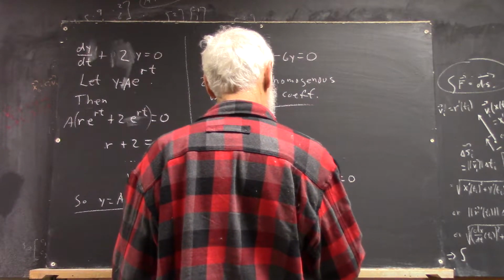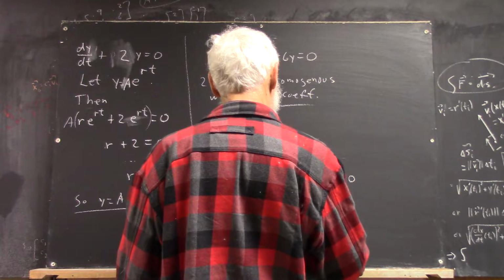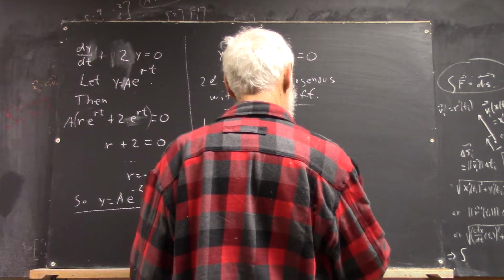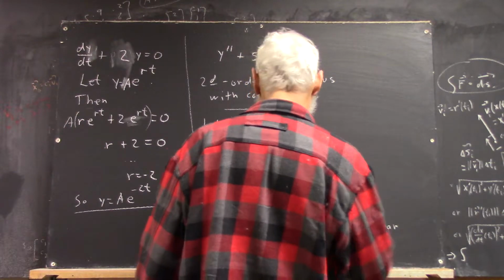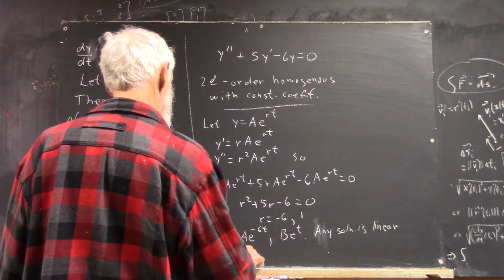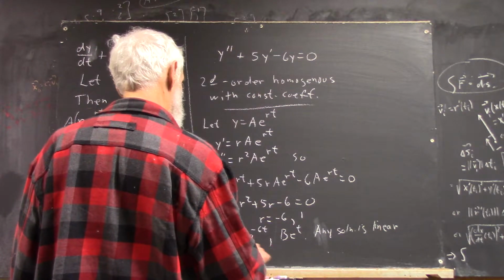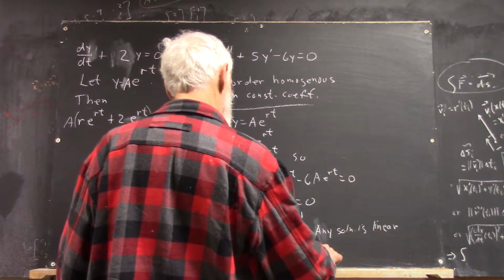Is B just an arbitrary constant as well? Yeah. Any solution is a linear combination of these.